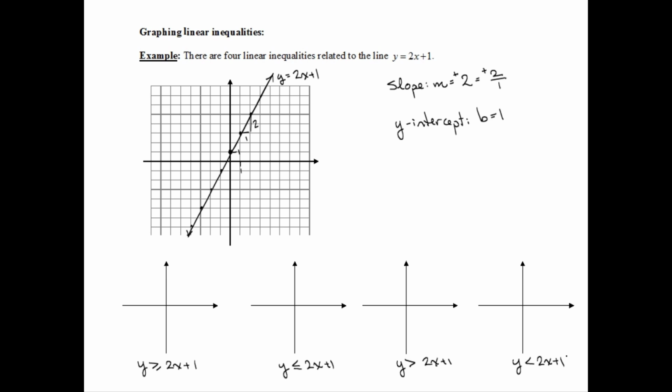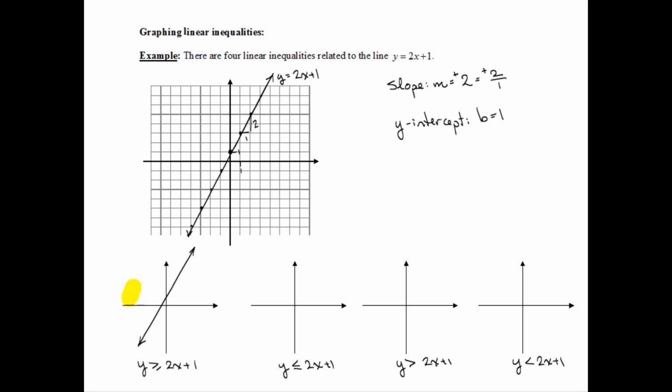Okay, so here for y greater than or equal to 2x plus 1, I'm going to go ahead and draw my line. I won't go through the details this time, but this is the same line that we graphed a moment ago. If my y is exactly equal to 2x plus 1, it's on the line. So now my y has got to be greater than or equal to 2x plus 1. So my y has to be bigger, which will put me above the line.